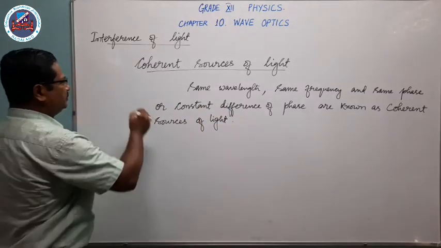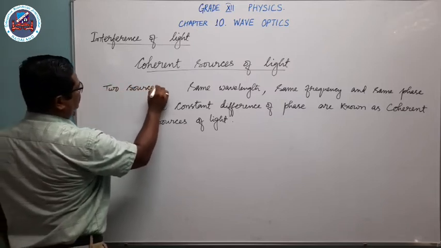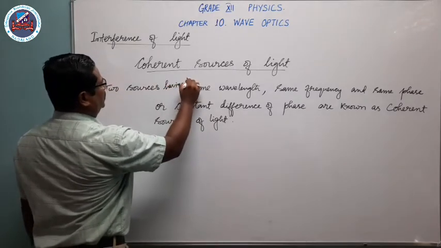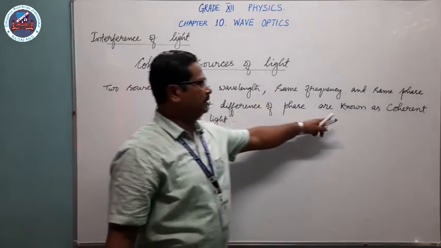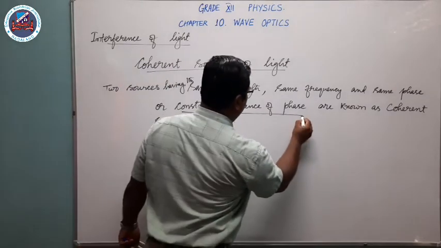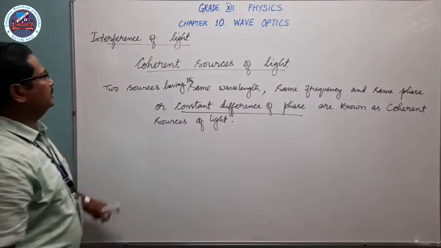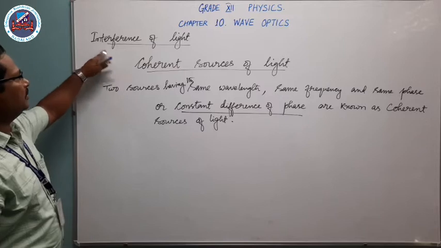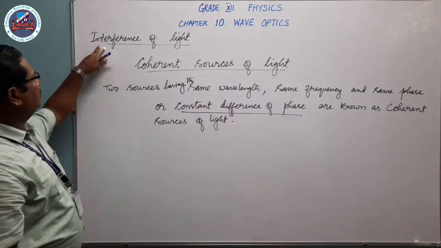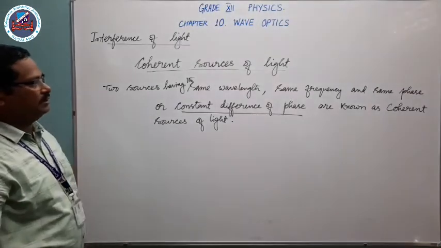So two waves, two sources having the same wavelength, same frequency and same phase, or constant difference of phase between them, are known as coherent sources of light. So this is a condition you need to know to study interference of light. If the sources are coherent, then only we can observe this interference pattern or interference of light we can study.